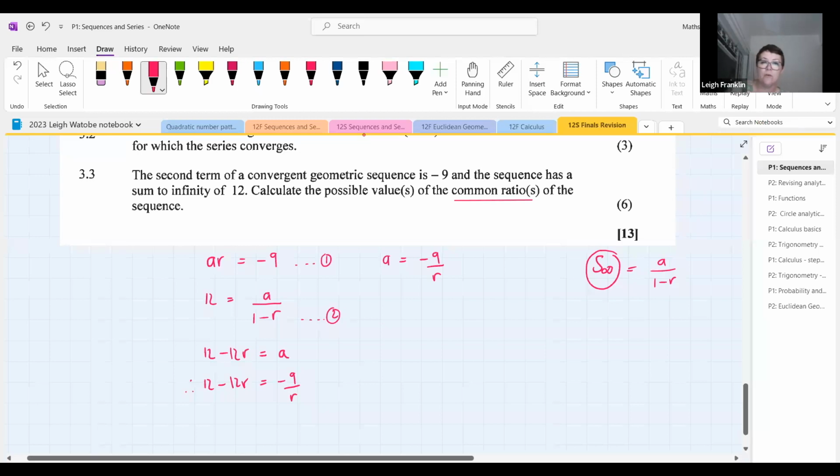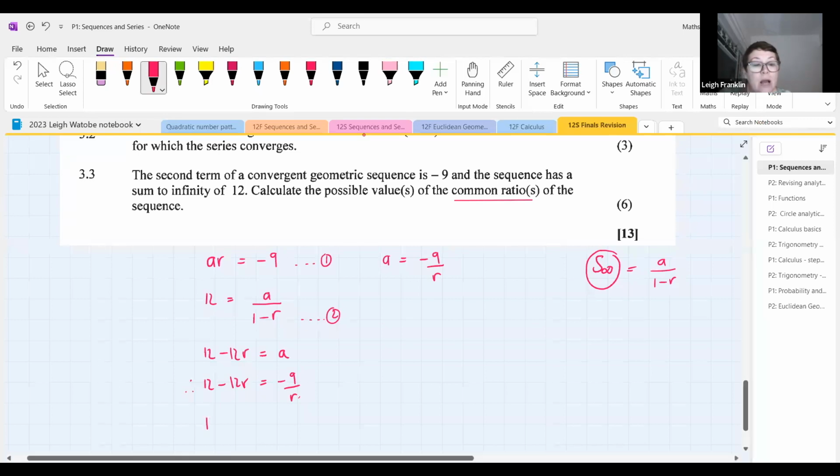Good, Voloshan, thank you. Is that making sense to everyone? And now they would expect you to multiply through by R.